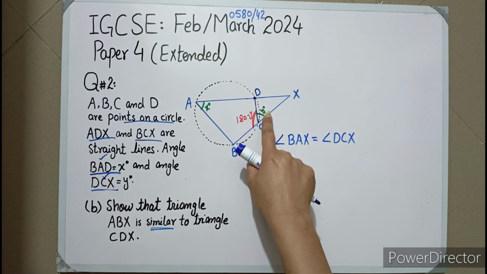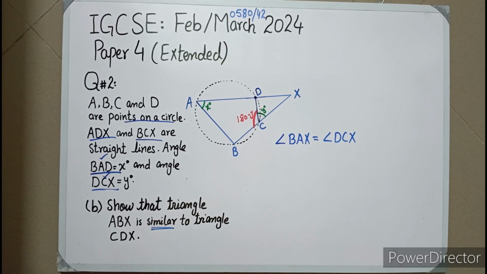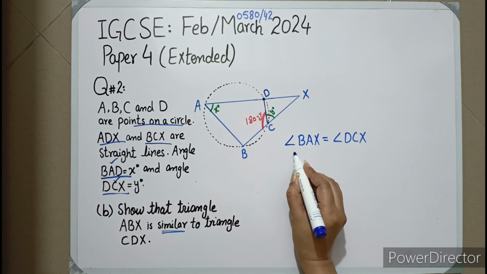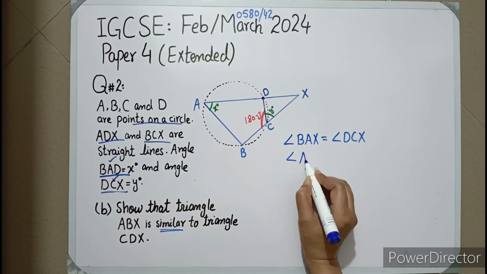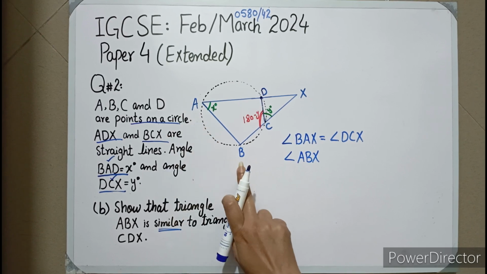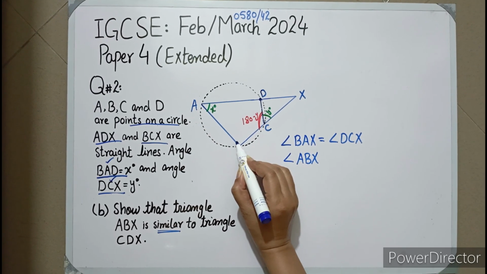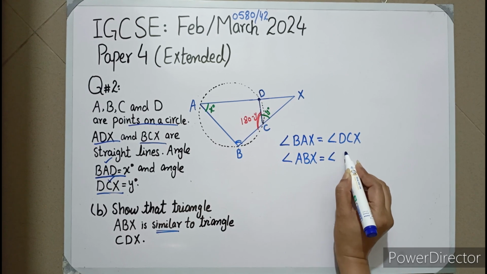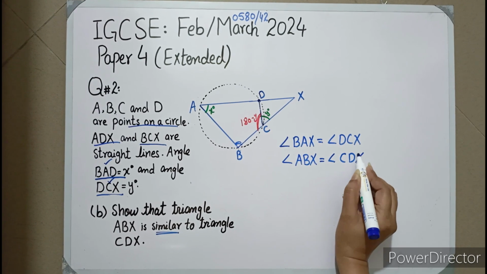It means this and this angle are equal. Furthermore, you can see from the figure angle ABX, the angle which will be formed over here, will be equal to angle CDX.